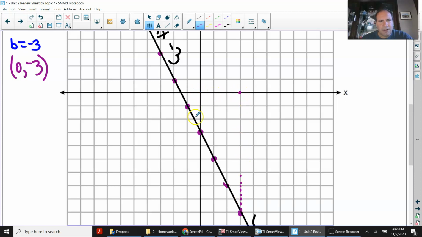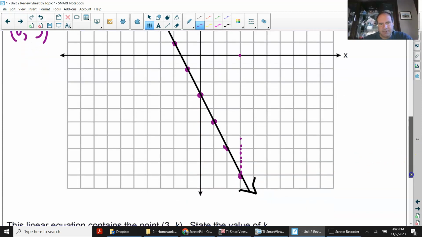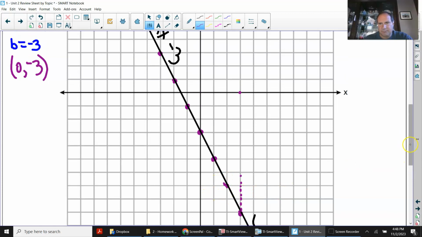Let's see, 1, 2, 3, 4, 5. And this is negative, so negative 1, negative 2, negative 3, negative 4, 5, 6, 7, 8, 9. So this is negative 9 down here.